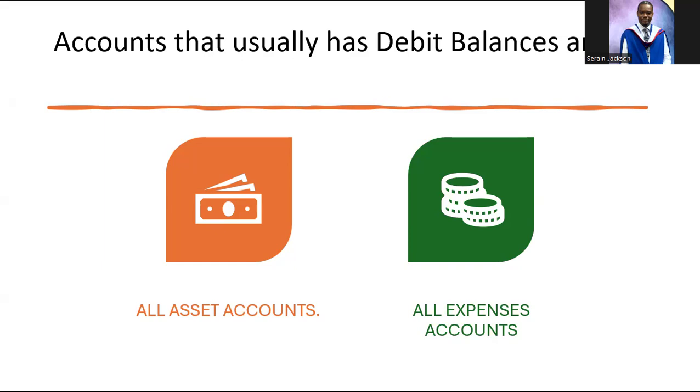Because there are times when you may have a bank overdraft, and then even in that case, it's now a liability, which means that you would have withdrawn more money than what you have in your account. But all assets carry a debit balance.